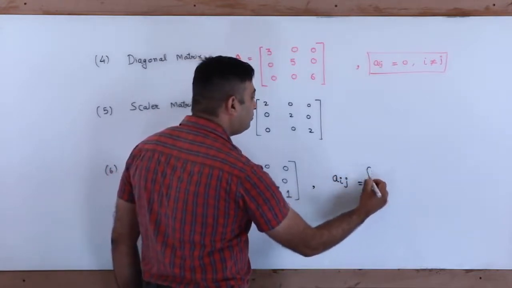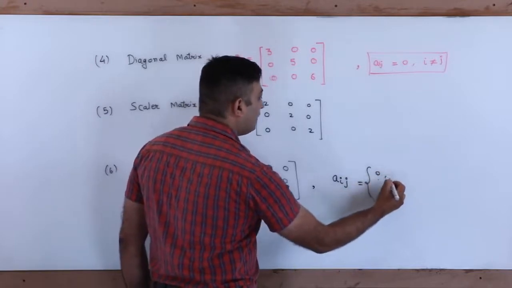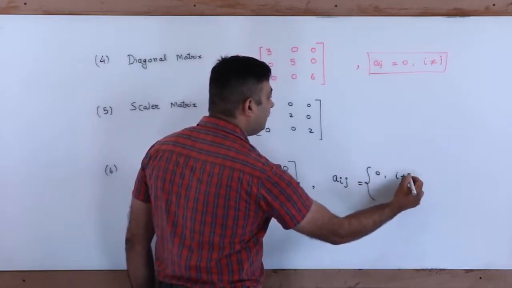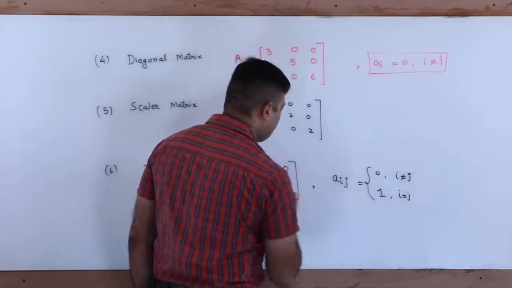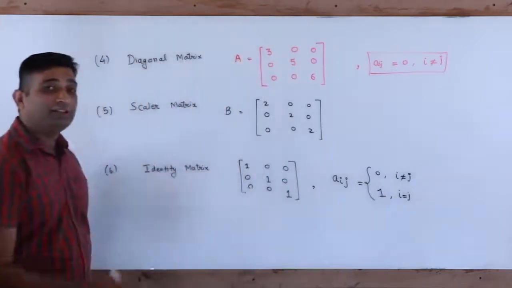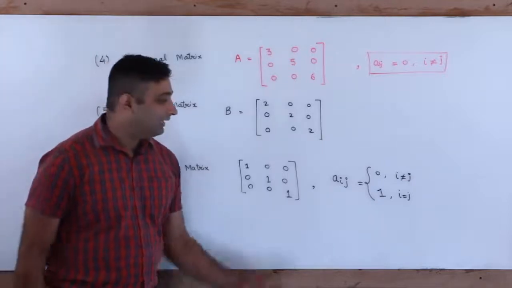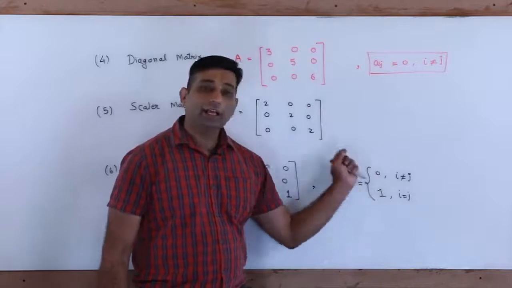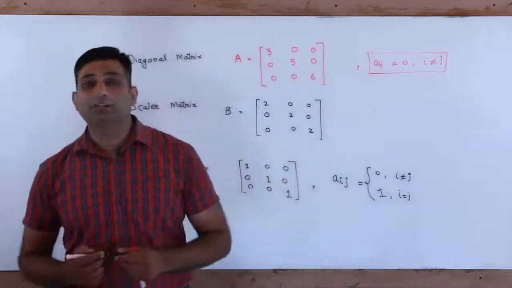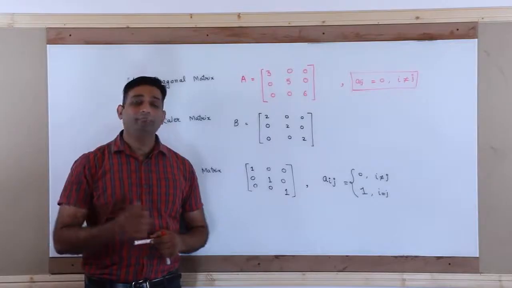It is equal to 0 for i not equal to j and is equal to 1 for all i equal to j. That means A11 element, A22, A33, all are said to be equal to 1, and the rest of the elements when i is not equal to j is equal to 0. Then it is called an identity matrix.